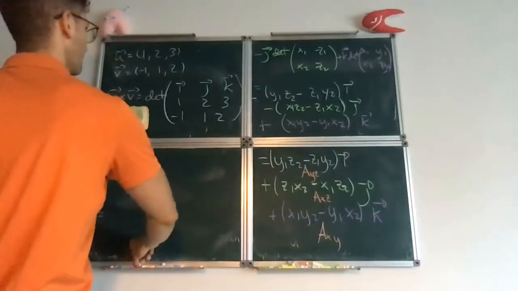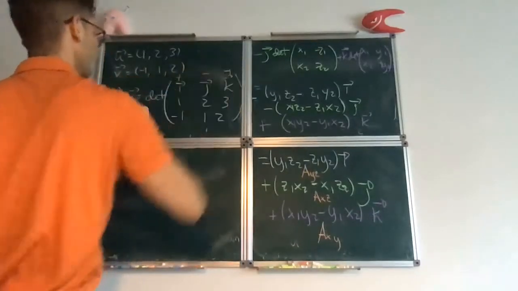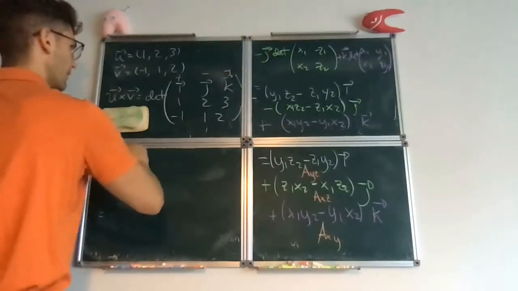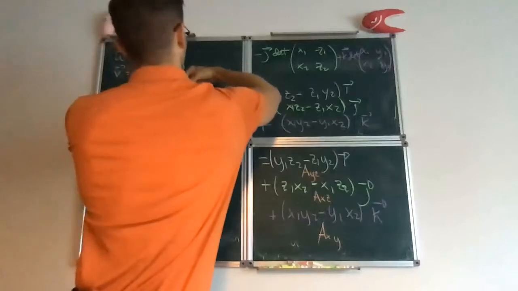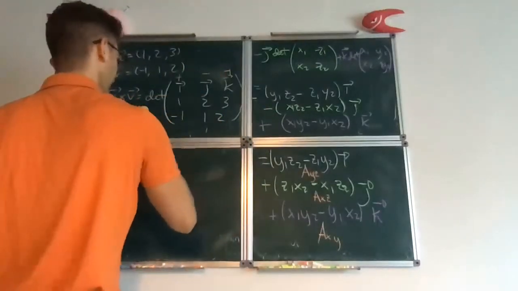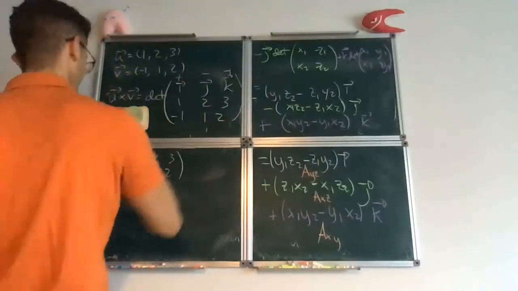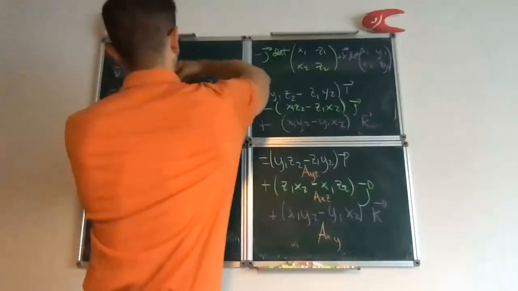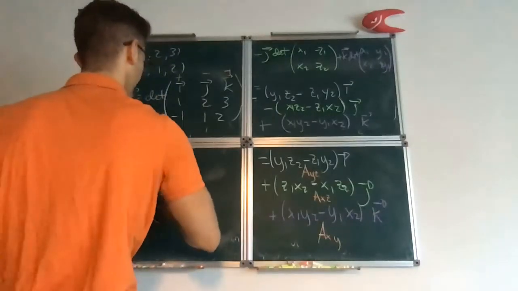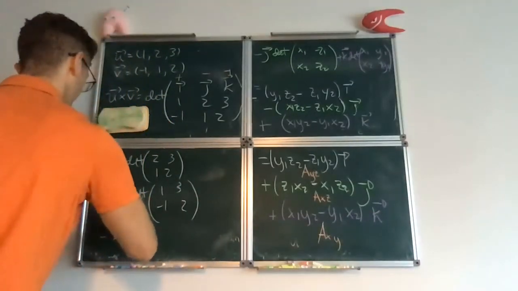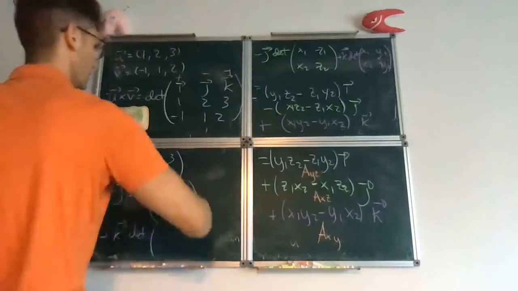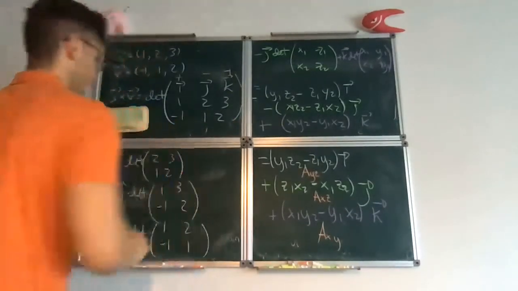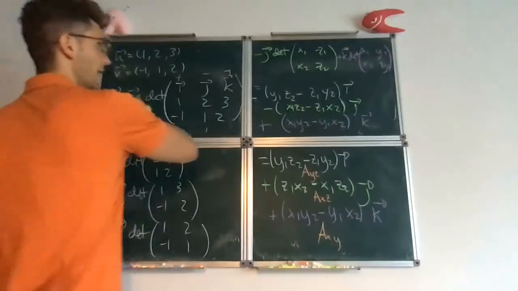And you do plus minus plus, so you get plus I determinant of 2, 3, 1, 2, minus j determinant of 1, 3, -1, 2, plus k determinant of 1, 2, -1, 1.